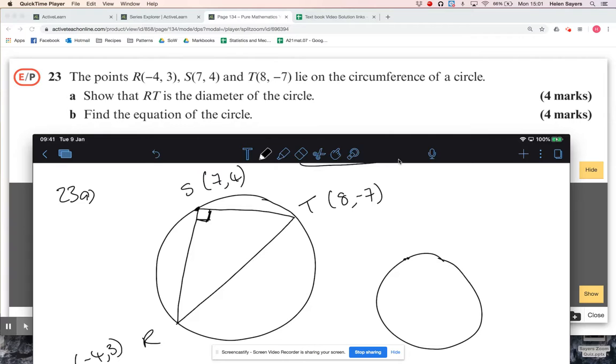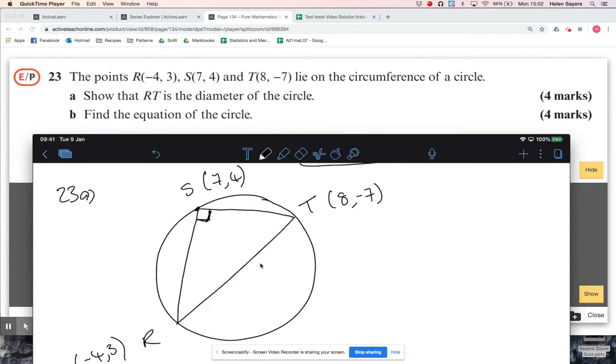If those were just 3 random points and RS and T were just chords, then none of those would be right angles. So if there is a right angle at S, and we've already been told that they're on the circumference, so we're not proving they're on the circumference, we know that's true. We're just trying to show that if there's a right angle there, then it must be that RT is a diameter.